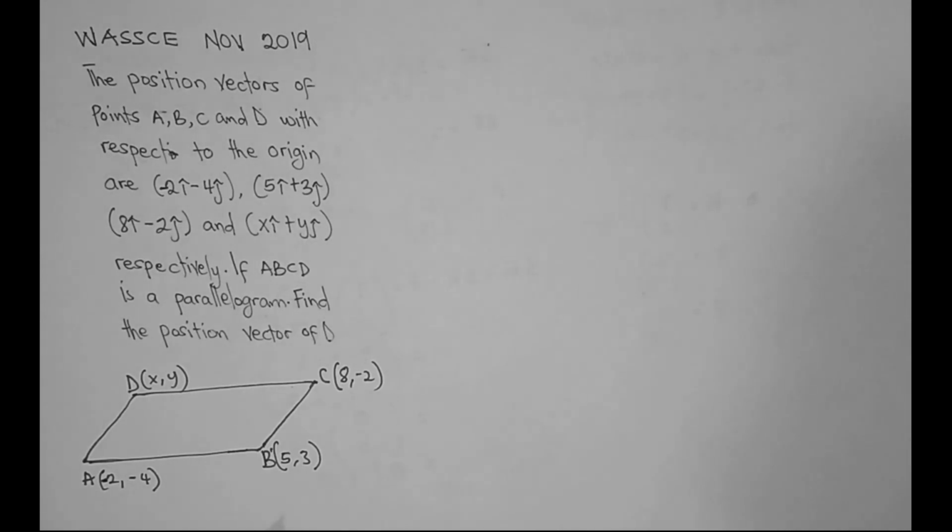So we are supposed to find the position vector of D. However, you know that this line DC is parallel to AB, and also this line AD is parallel to BC.